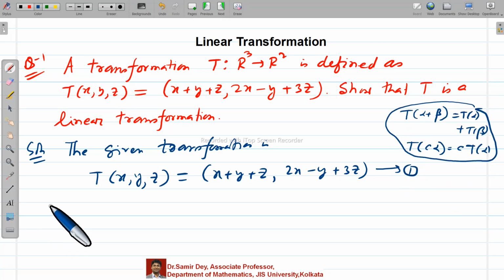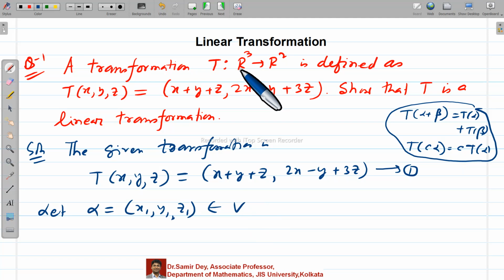Okay, so please write down: let α = (x1, y1, z1) from V, that is this one. Here basically V, this is your domain, is R³, that is three-dimensional. So if your α is coming from this, that means this α should satisfy this relation.